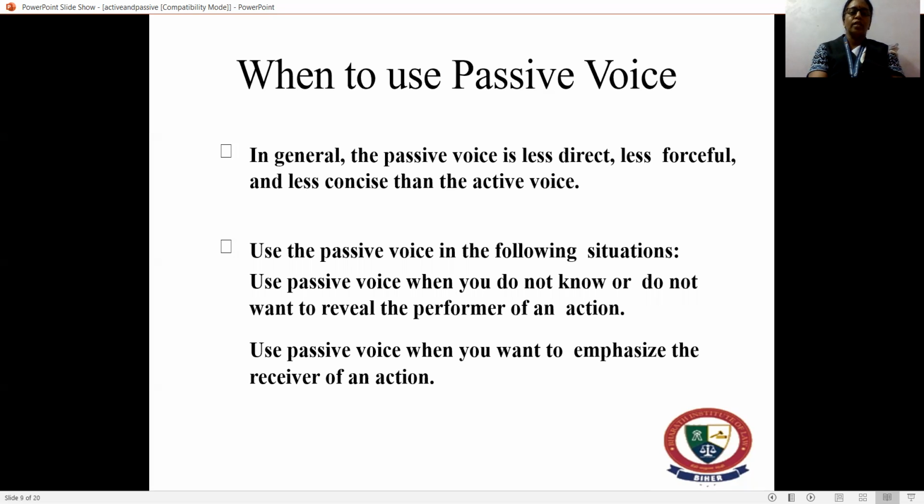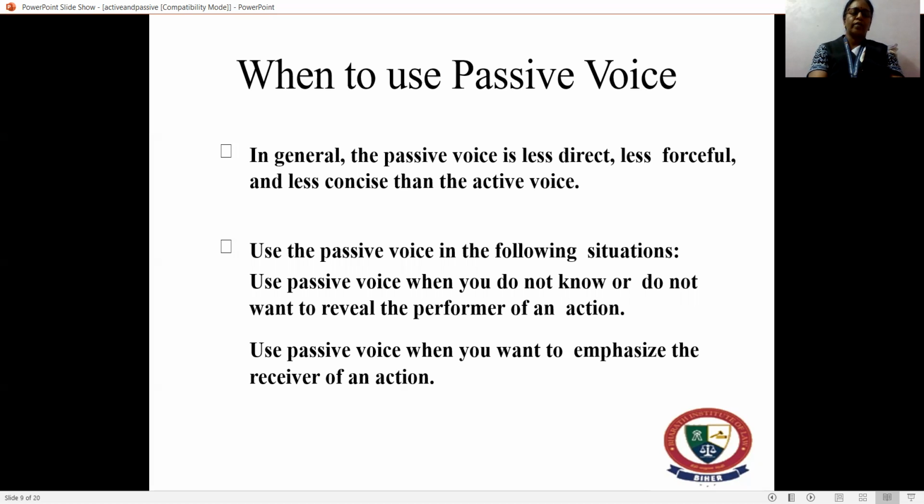In general, the passive voice is less direct, less forceful, and less concise than the active voice. This we have already seen. It is lengthier, it is not concise, it is not forceful, it is not direct, because we first talk about the object and then tell the action acted upon.